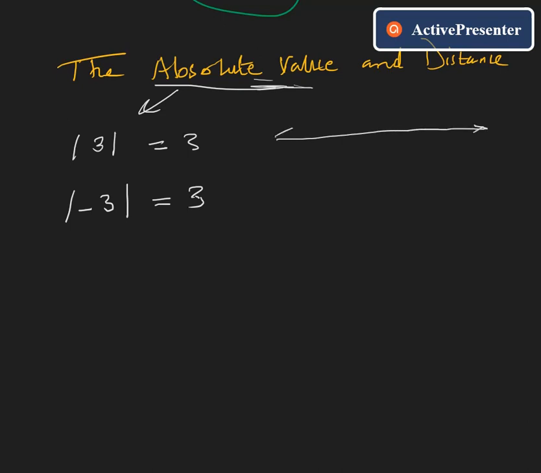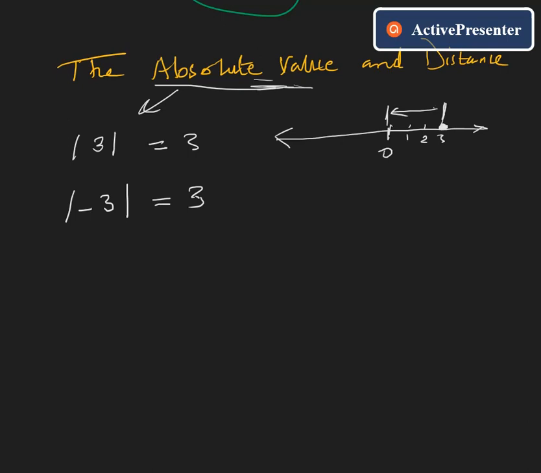You have here the coordinate axis or the real number line. Here we have the origin. Here we have 1, 2, 3. So the absolute value of 3 is the distance between 3 and the origin.